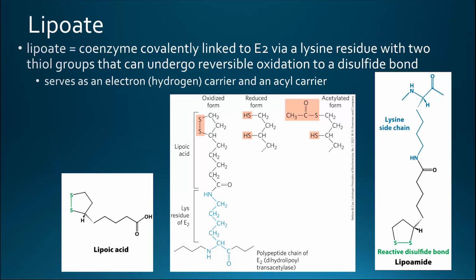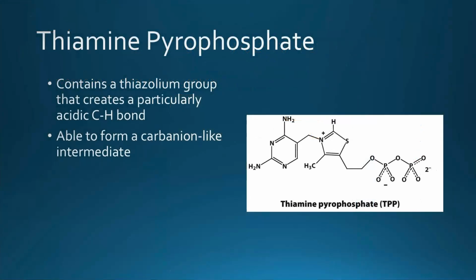And that makes a linker that is able to take this reactive functional group and a long arm, which you can then fold around from one active site into another active site without this cofactor being required to dissociate and reassociate with the enzyme. And it cycles through these three forms: the oxidized form, the reduced form, and the acetylated form.